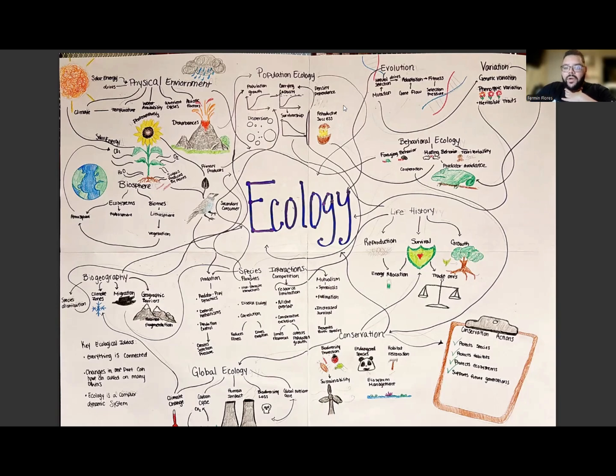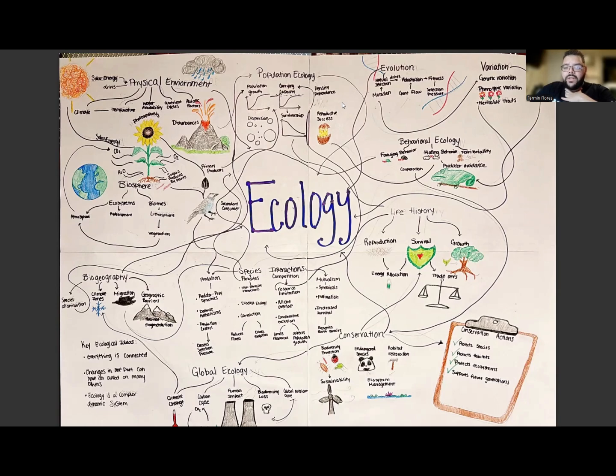Natural selection drives evolution by favoring traits that improve survival and reproductive success. Mutation and gene flow increase genetic diversity, while predation, competition, parasites, and environmental conditions create selection pressure that influences adaptation over time. Evolution is connected to behavior, life history, populations, and species interactions because ecological pressures continuously shape organisms over time.